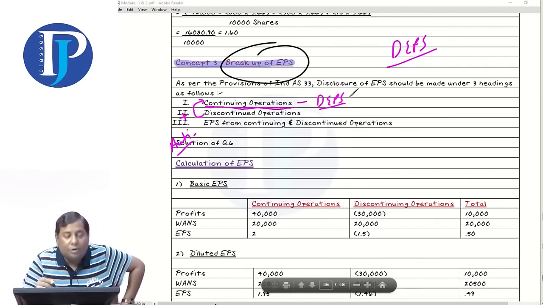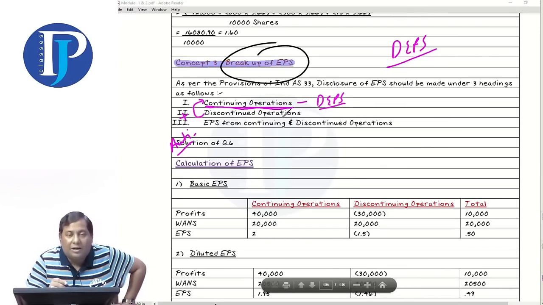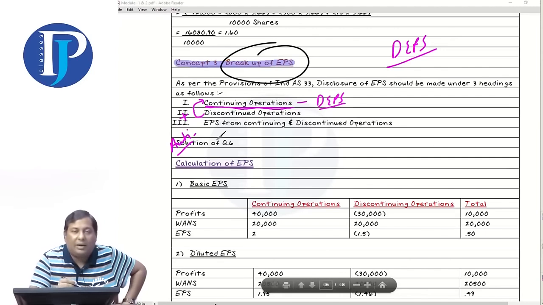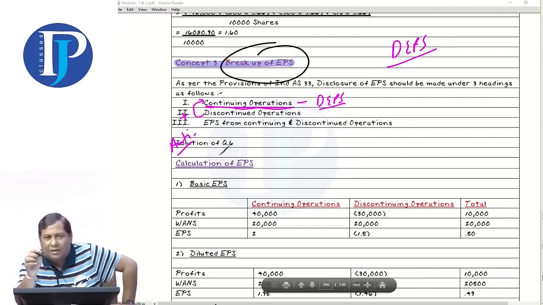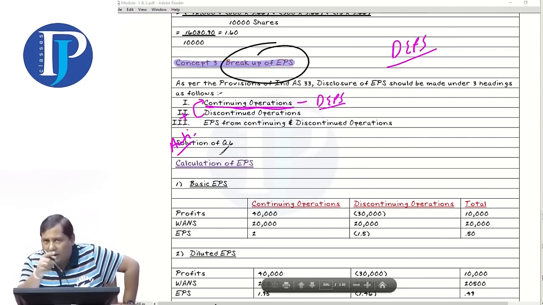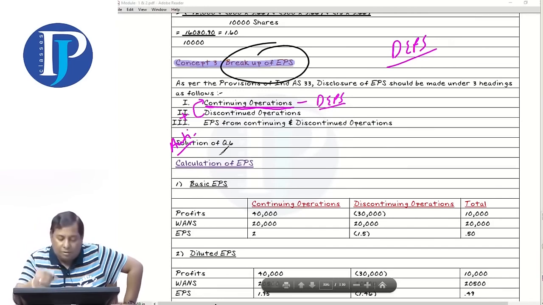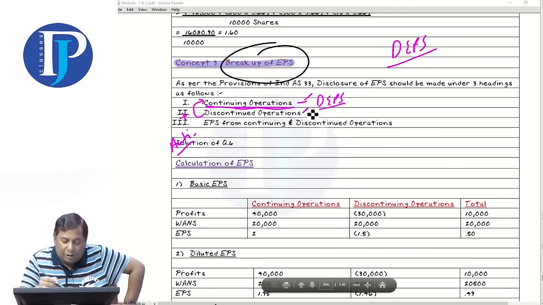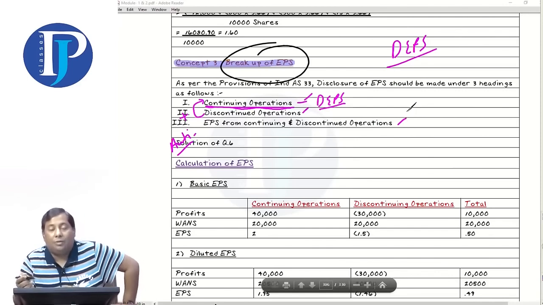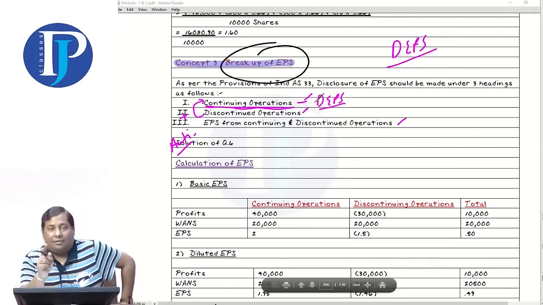We said continuing is showing diluted, but discontinued is showing anti-dilutive, and because of this overall is anti-dilutive. Ind AS 33 says you give disclosure of overall anti-dilutive. So show it's diluted, show it's anti-dilutive, and show overall anti-dilutive.